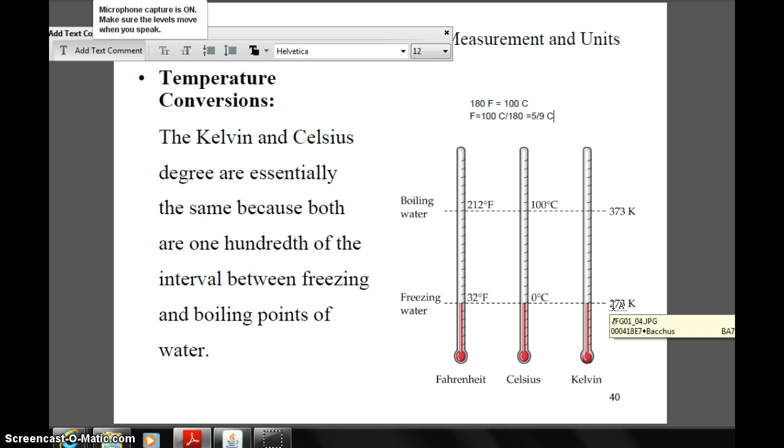And there too, the temperature at which water freezes is 273 Kelvin, and the temperature at which water boils is 373 Kelvin. So if you think about it, the size of each degree Celsius and each degree Kelvin is exactly the same, because the difference between the two processes is 100 degrees Celsius.